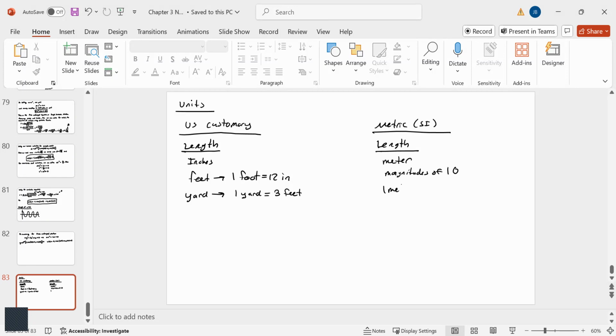So 1 meter is equal to 100 centimeters. It's equal to 1,000 millimeters, right? For the most part, with these types of problems, you're going to be talking about meters or centimeters. We're not going to go too small into the millimeter range and stuff like that.